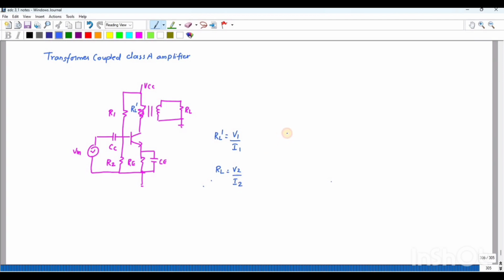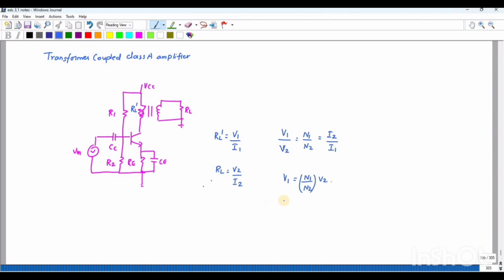So we know that V1 by V2 is equal to N1 by N2, that is equal to I2 by I1. So I can write V1, the primary voltage, is equal to N1 by N2 into V2.